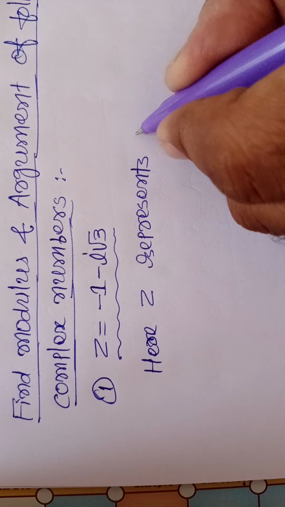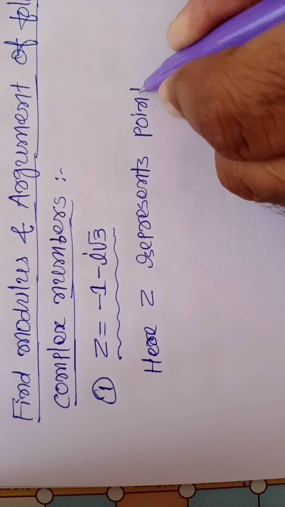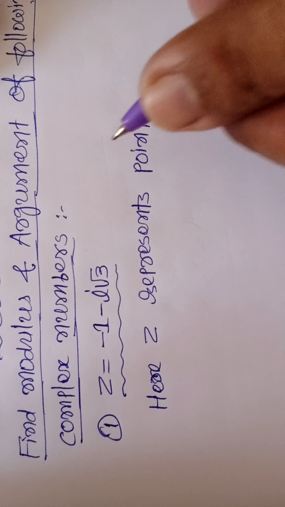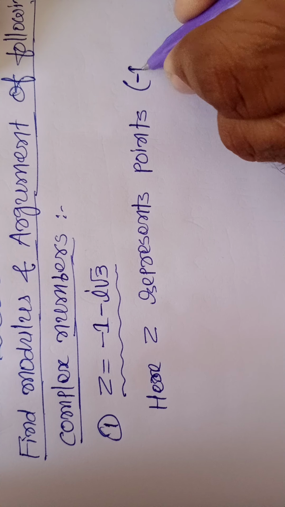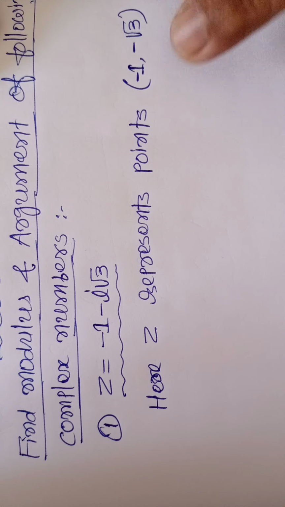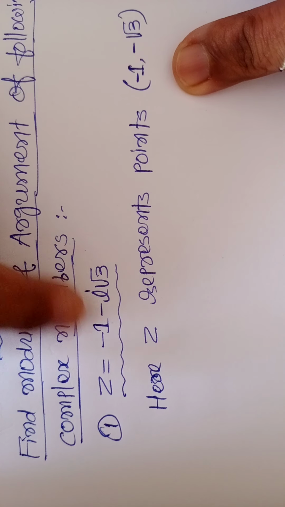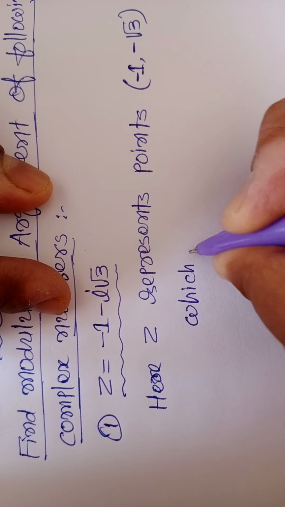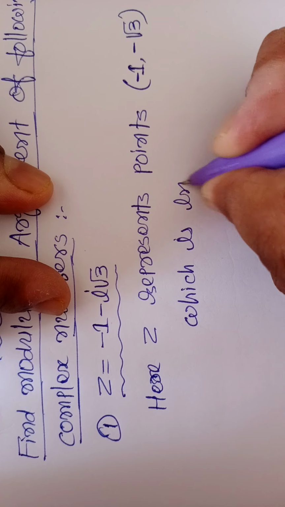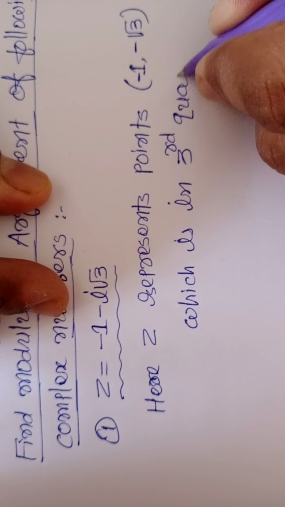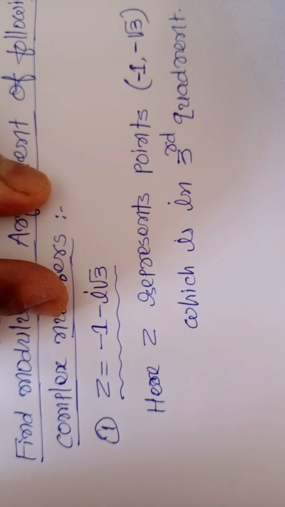Which point represents z? First find out the point. This is a plus ib, so a is -1 and b is minus root 3. This point, represented by this complex number, is in the third quadrant.